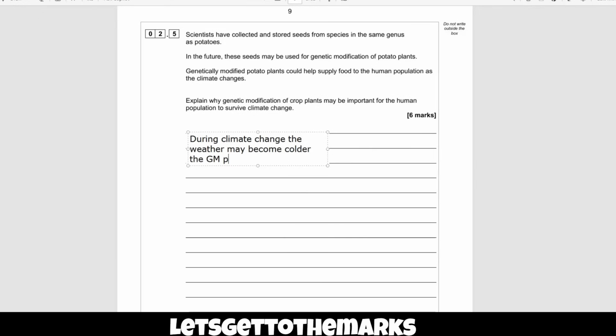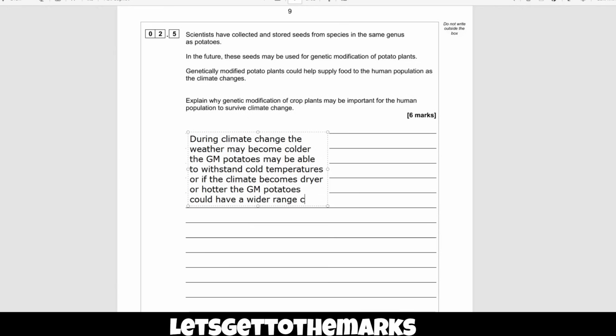The GM potatoes may be able to withstand cold temperatures, or if the climate becomes drier or hotter, the GM potatoes could have a wider range of climates they can survive in.